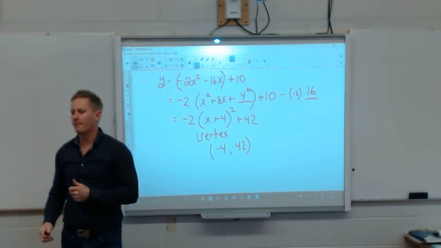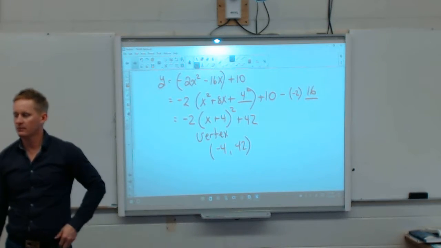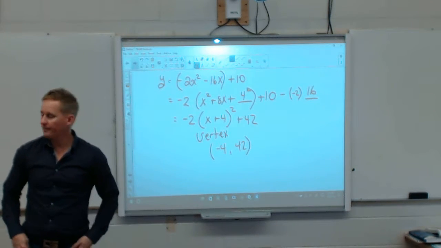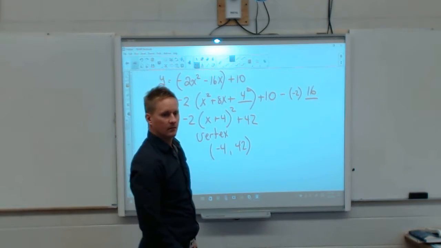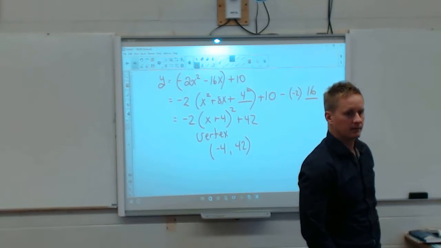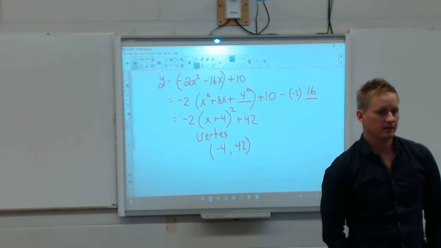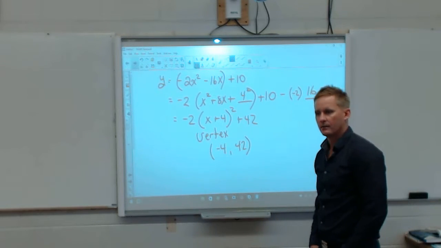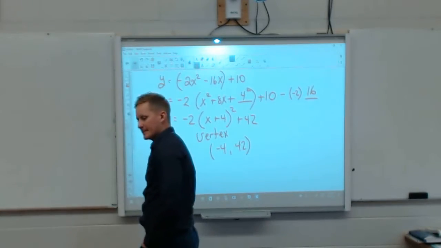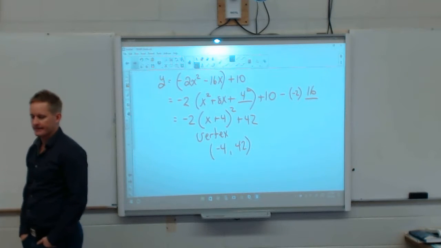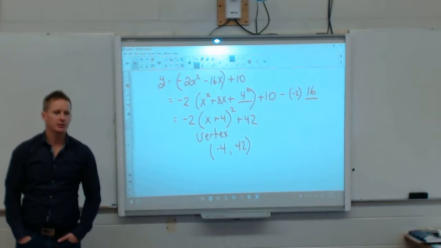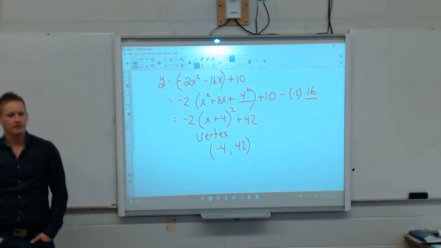Does this graph open up or down? Up? Sophia, you're shaking your head. Do you have any idea? Opens down. How come it opens down, Sophia? Because if you look back up at the normal equation you got, it's a negative 2.